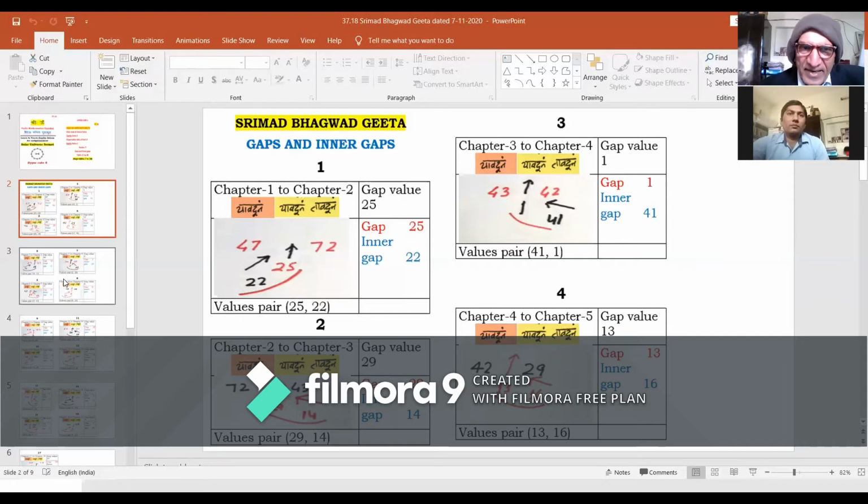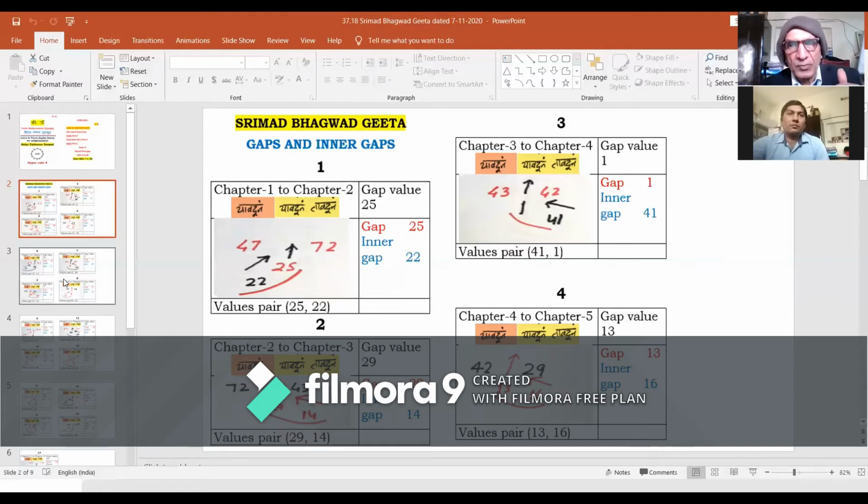And a step ahead, chapter 2 and chapter 3 lead us to gap and inner gap values pair as 29 and 14, and values 29 and 14 interconnected as summation value of 4 folds of hypercube 4 and 29 versions.